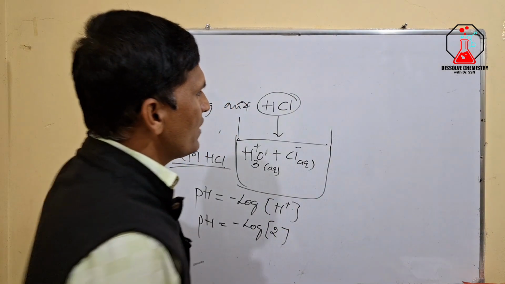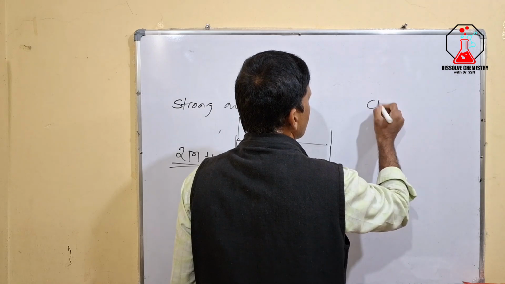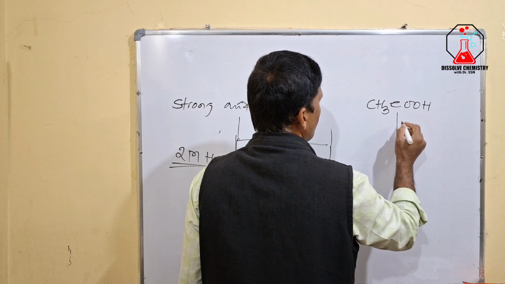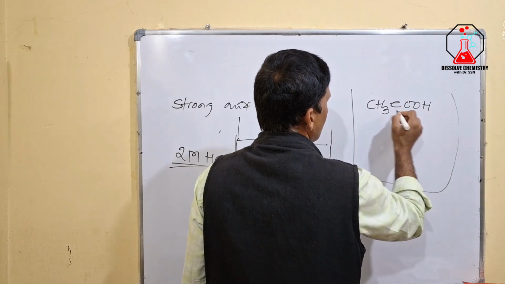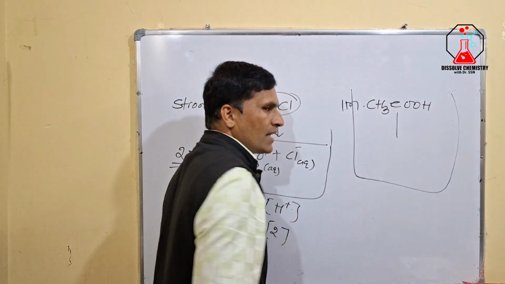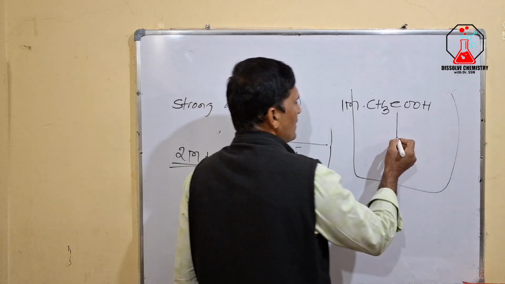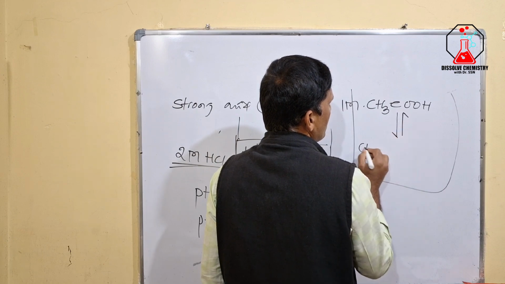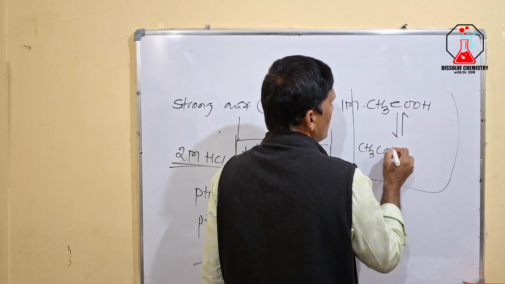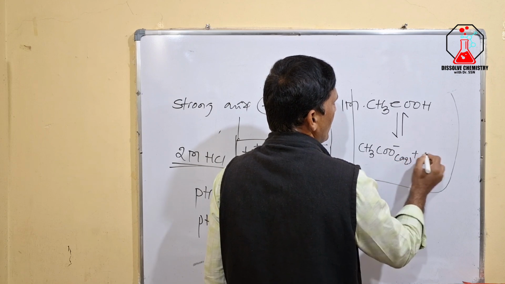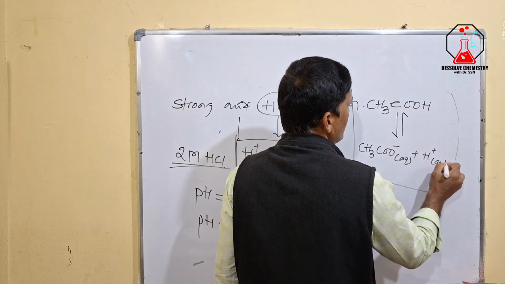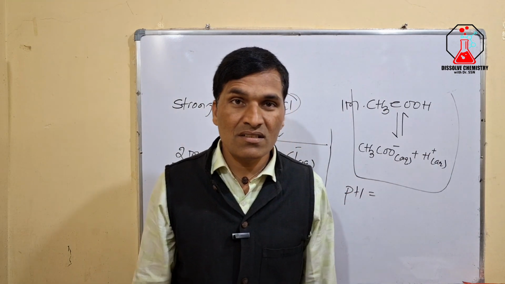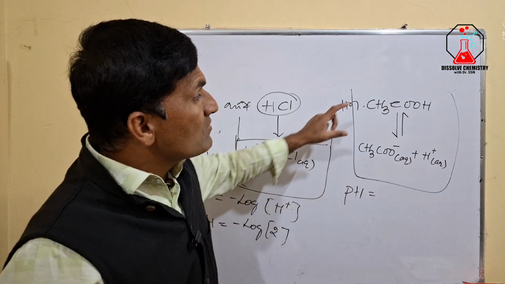But the same thing, when you apply to a weak acid like acetic acid, does not work. When you dissolve acetic acid in water, suppose you have taken 1 mole, only less than 5% is in the dissociated form in aqueous medium.